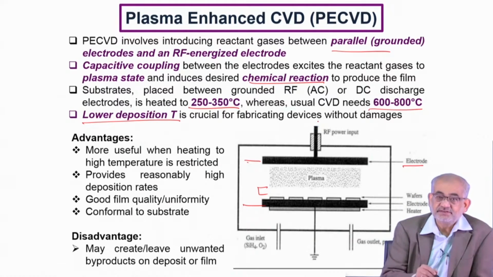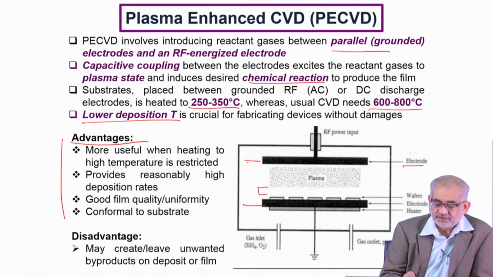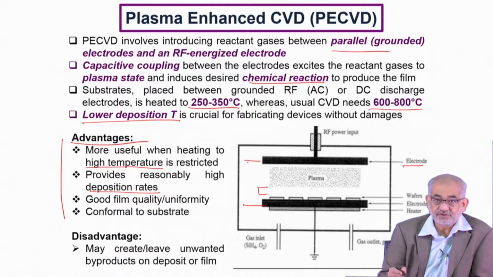So there are certainly distinct advantages in case of plasma enhanced CVD. We can conduct the deposition at a lower temperature. We can adopt a fairly high deposition rate. The film quality is known to be better and more adherent.